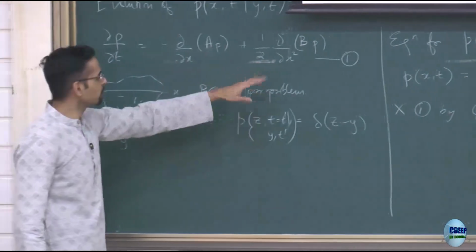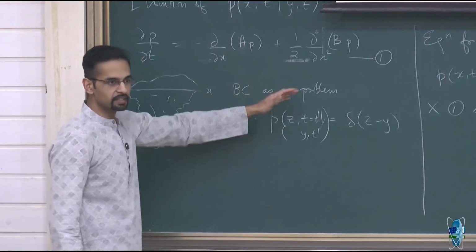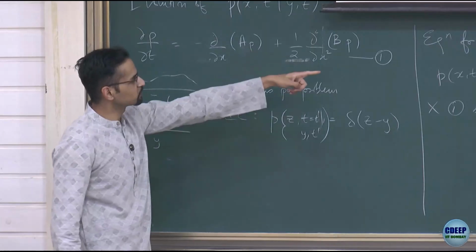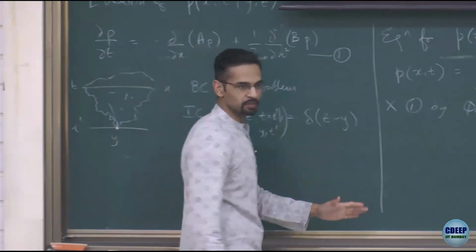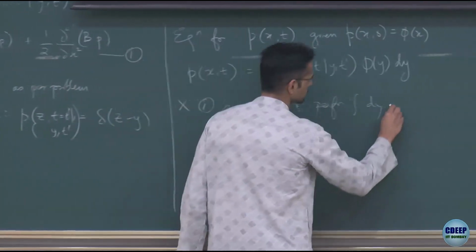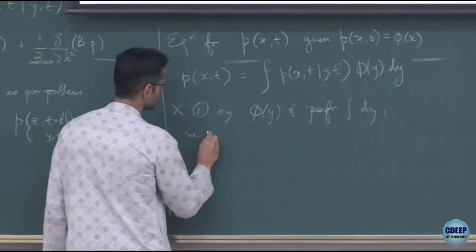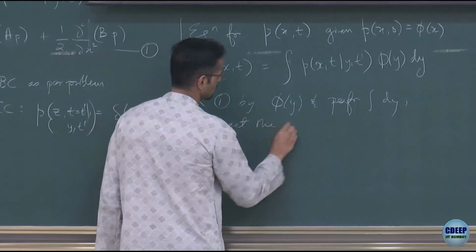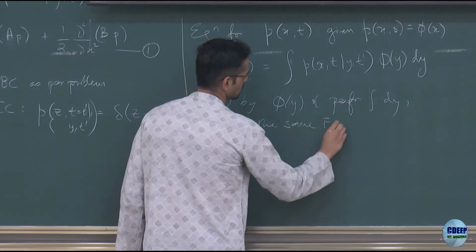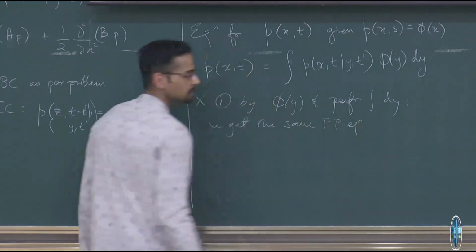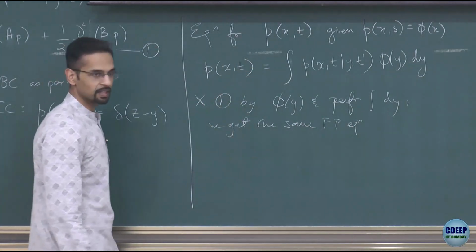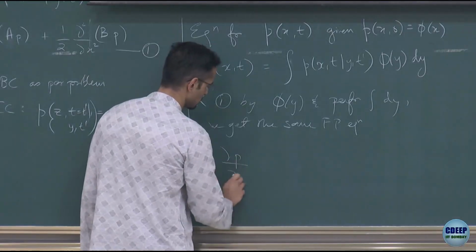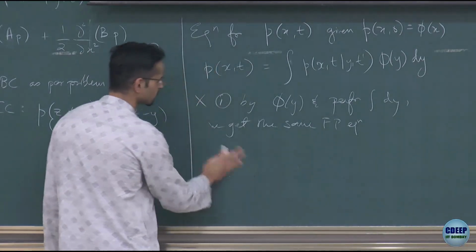So I can multiply by phi of y, take it inside, do the integral, take the integral inside. Right, and this P will just switch to that P. Okay, so I'll get exactly the same equation, but with the initial condition that I want. So it's the same equation, I don't rewrite it.